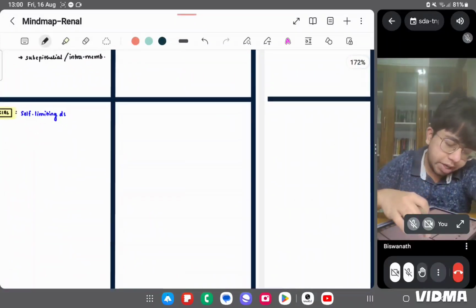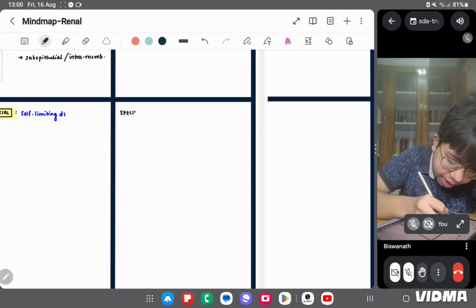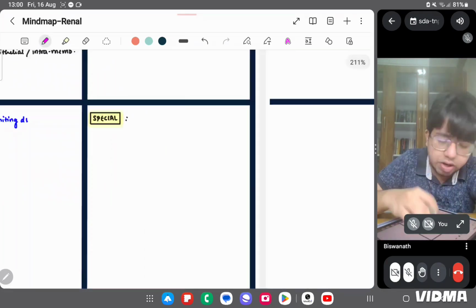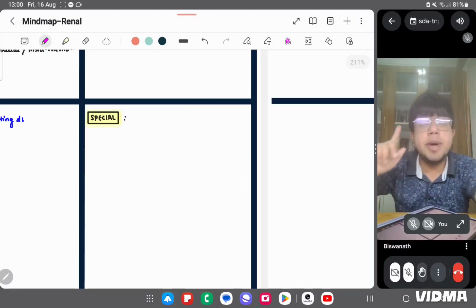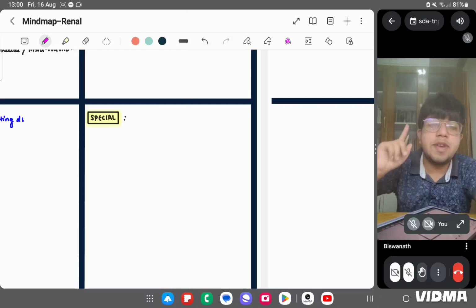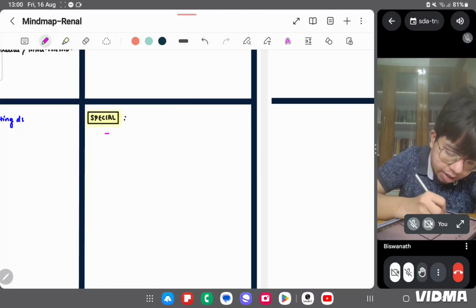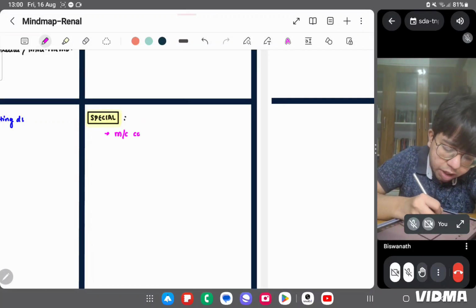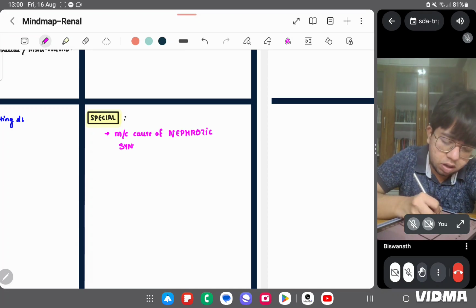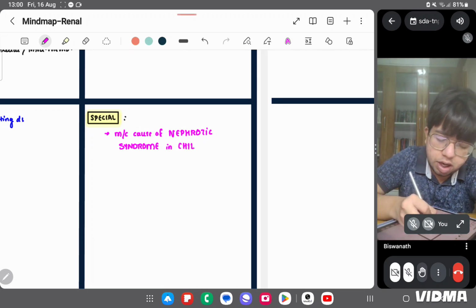Let me go to the special point column and write these points. Remember why we are reading this: because it is the most common cause of nephrotic syndrome in children.